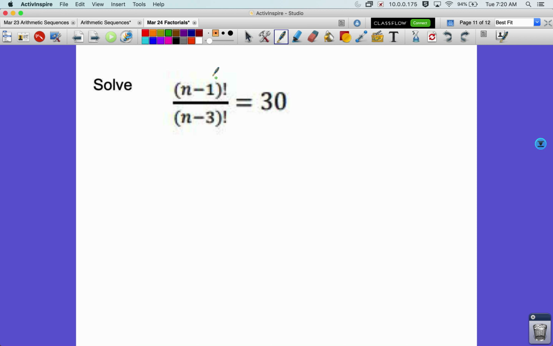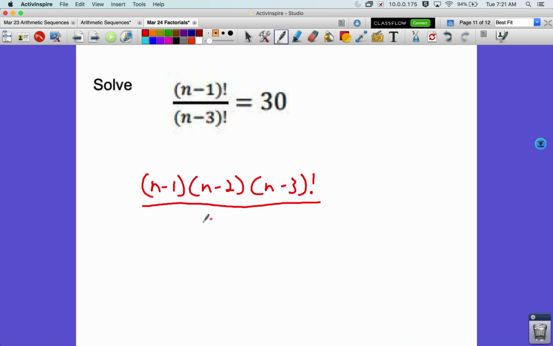All right, what about this one? n minus 1 factorial over n minus 3 factorial equals 30. So which one is bigger? Is n minus 1 or n minus 3 bigger? Well, the n minus 1 is bigger, so we're going to start backing that one up. So we'll take that n minus 1, subtract 1, make it n minus 2 factorial. Well, nothing can cancel, so we'll back it up a little bit further, n minus 3 factorial.